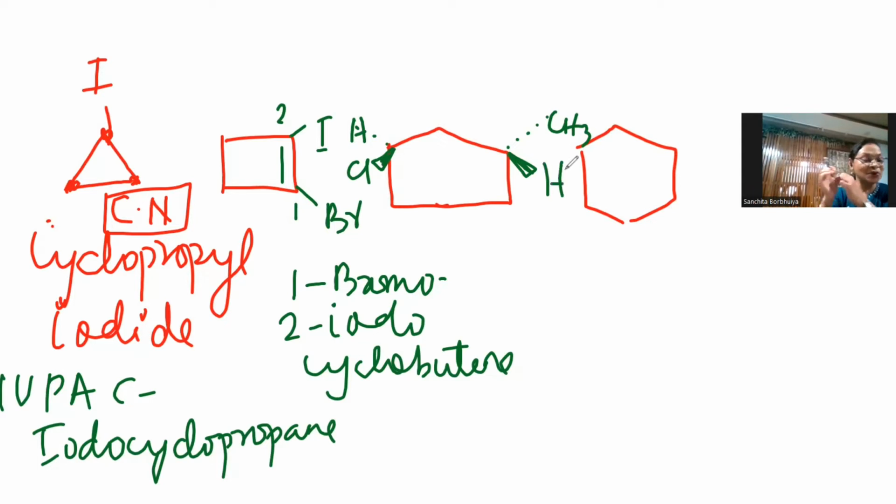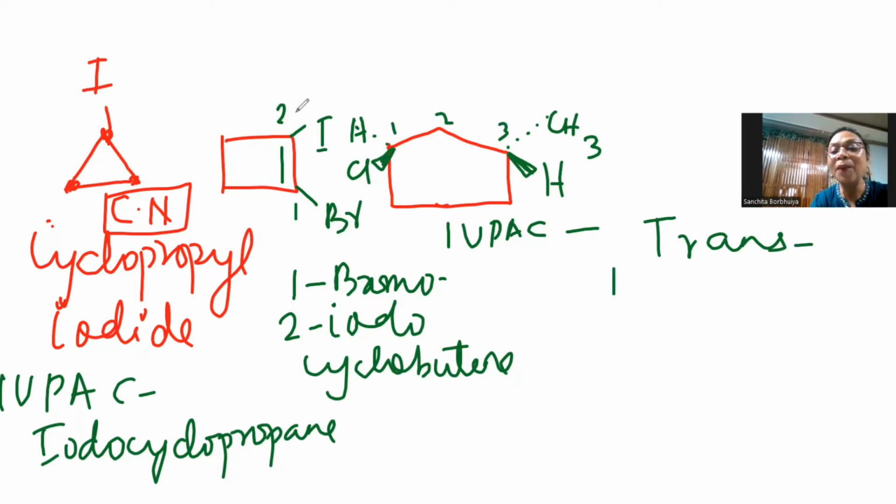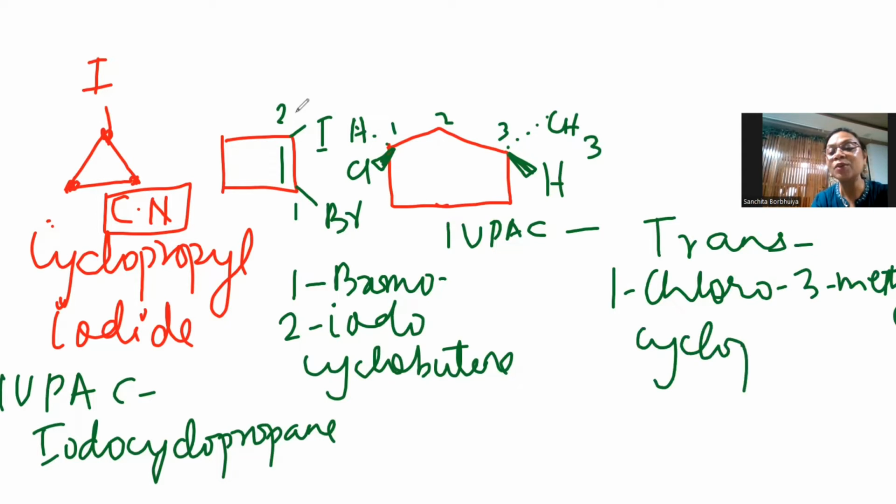So in this case, you would start thinking, oh, no common names, come on. Okay, we straightaway go to the IUPAC names. I told you that these common names are sparse. So the IUPAC name of this compound, first write the trans. All right, trans. And then numbering alphabetically, 1-chloro, 3-methyl, cyclopentane.